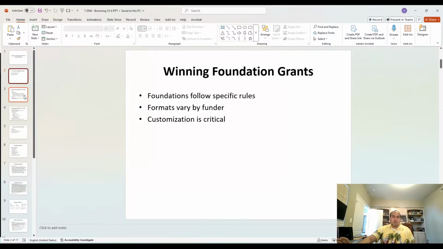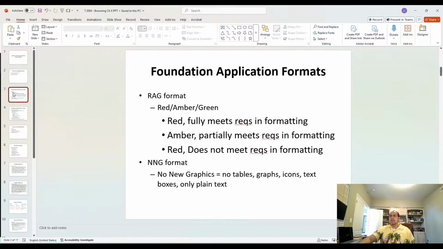Whatever the format is in terms of spacing or word or character count, writing these grants is really an exercise in making sure you're able to follow directions about formatting, because they're very likely to kick your grant back if you don't meet certain formatting expectations. Customization is critical. Don't think that you're going to recycle one grant to another foundation without reading their very specific rules for how they want that grant submitted.